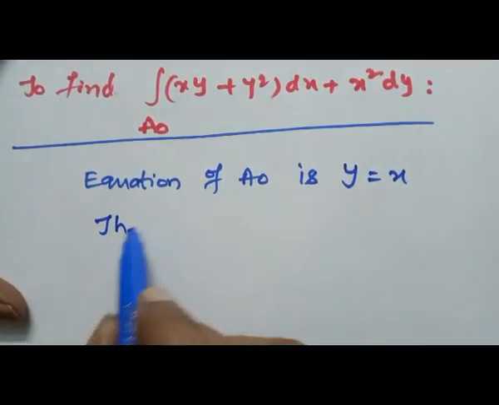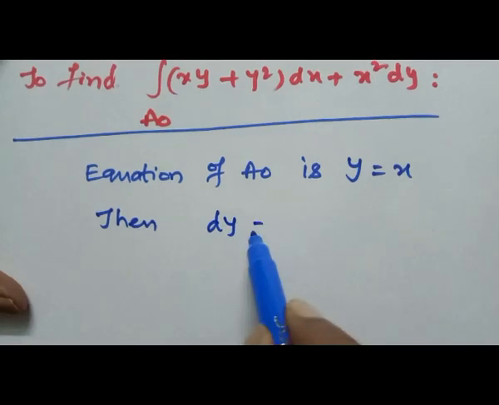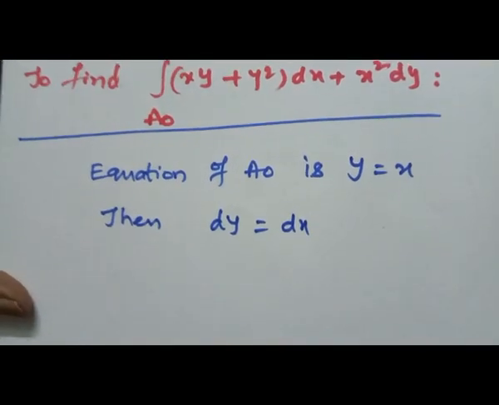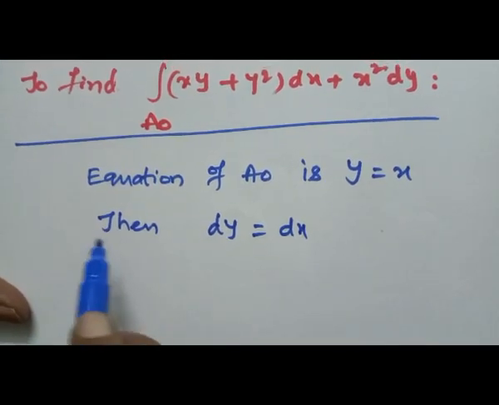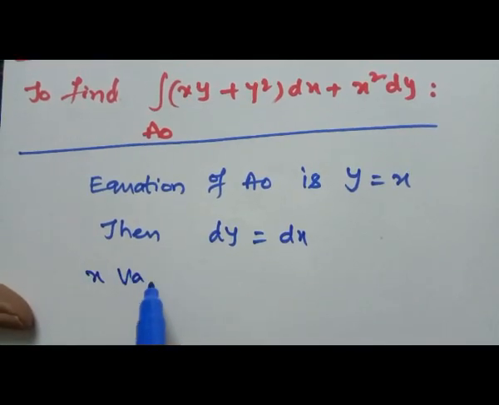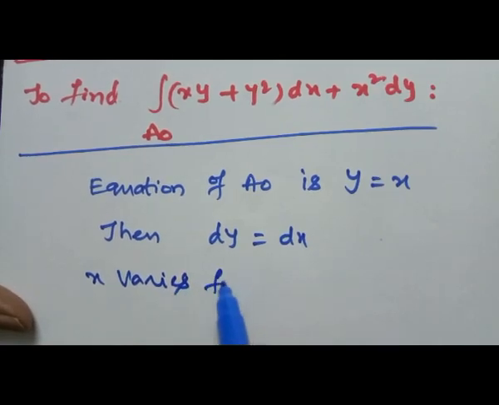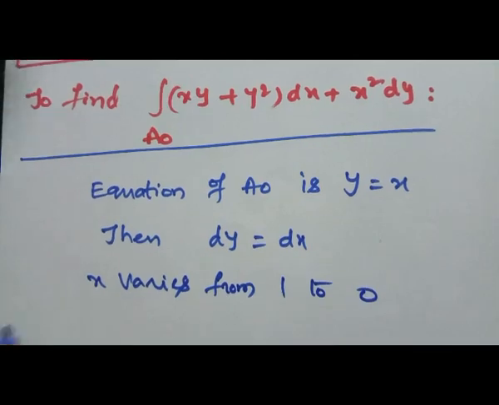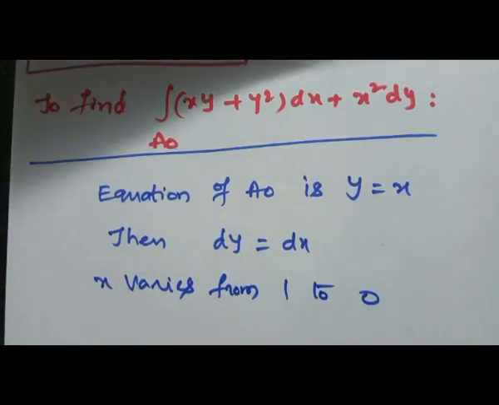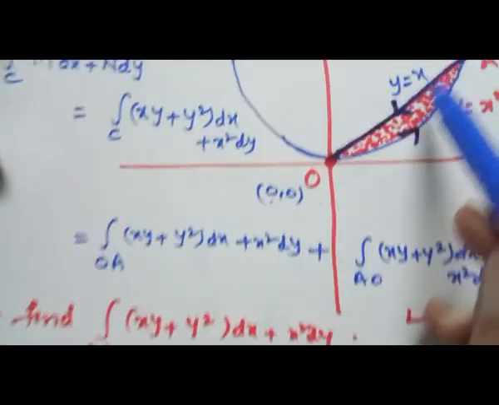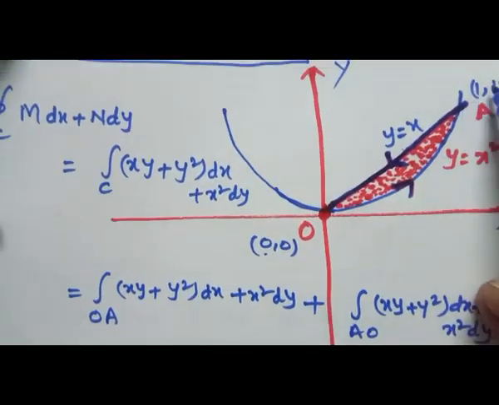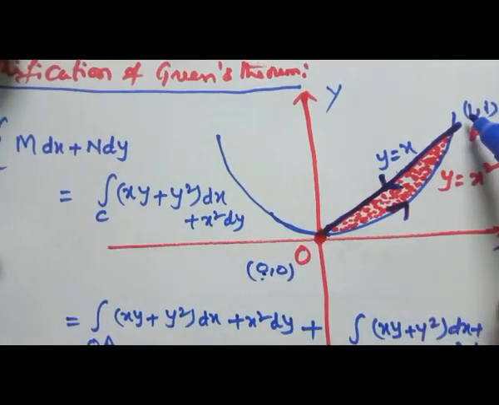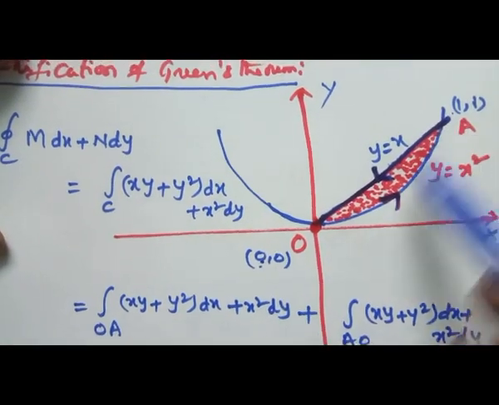Differentiating on both sides, we get dy is equal to dx. Now we are changing y in terms of x. Here x is 1 and here 0, therefore x varies from 1 to 0.